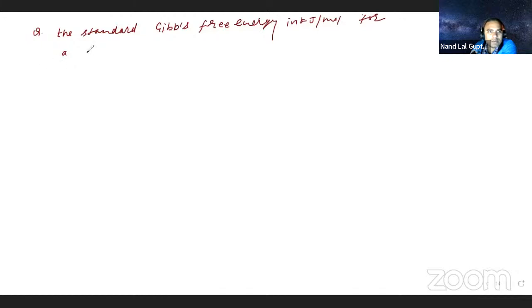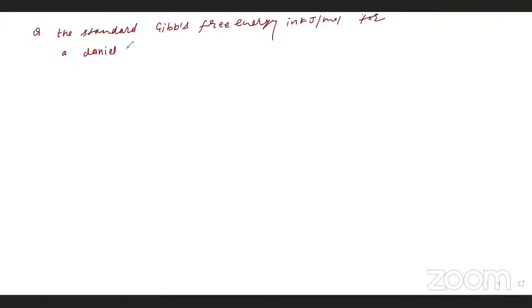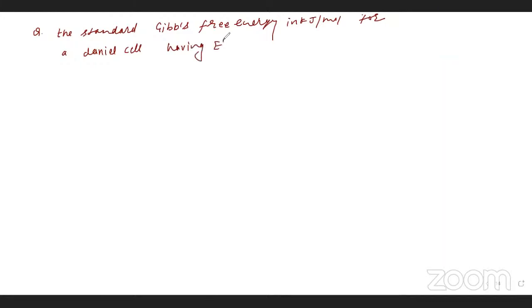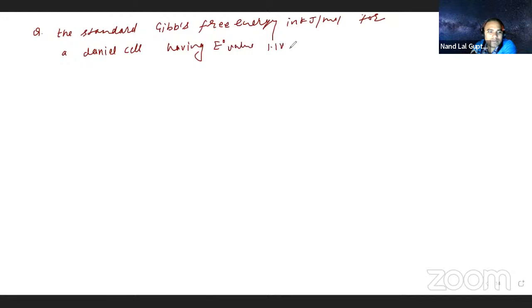Do you know the Daniel cell? You must be knowing. The Daniel cell has an E naught value of 1.1 volt.